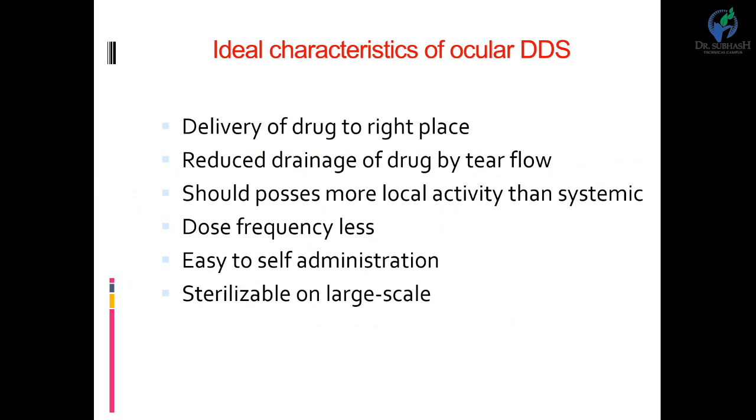There is rapid elimination of the drug with eye blinking and tear flow, so the duration is shorter and a frequent dosage regimen is required, meaning it must be instilled more times. These are some limitations of the conventional ocular drug delivery system.